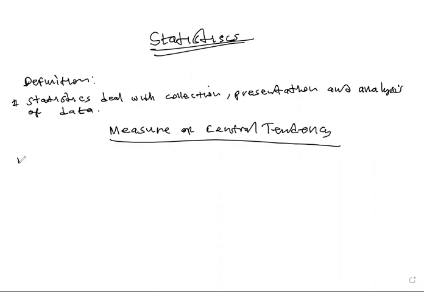Here we looked at the mean. We said mean, denoted by X bar, is simply the sum of measures divided by the number of measures.